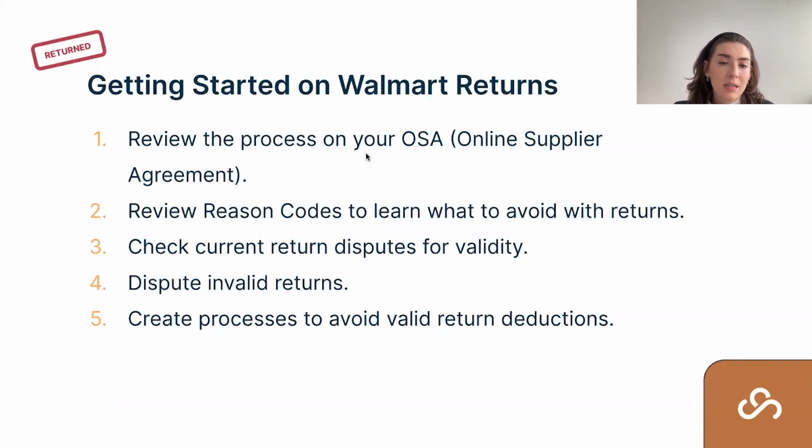If it's invalid, know how to correct that and save that documentation and process for your team. But if it's valid, meaning the supplier is at fault, start to learn how you and your cross-functional teams can build out a process that helps you avoid those valid return deductions.